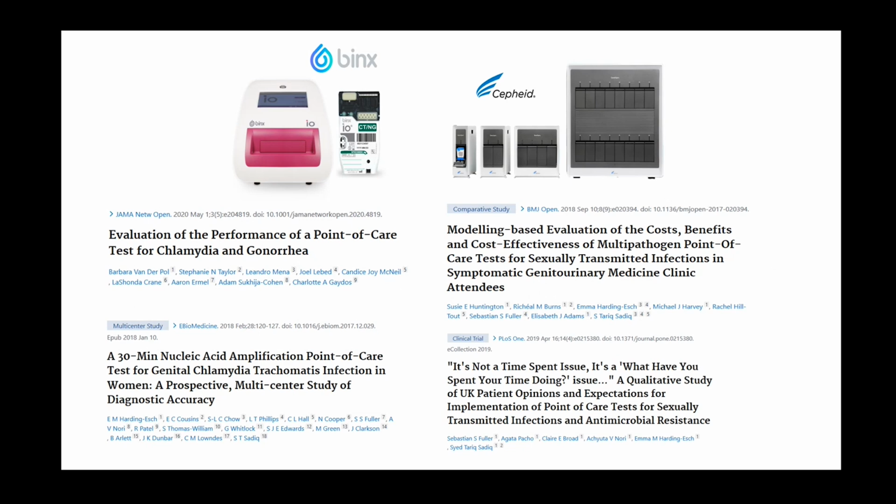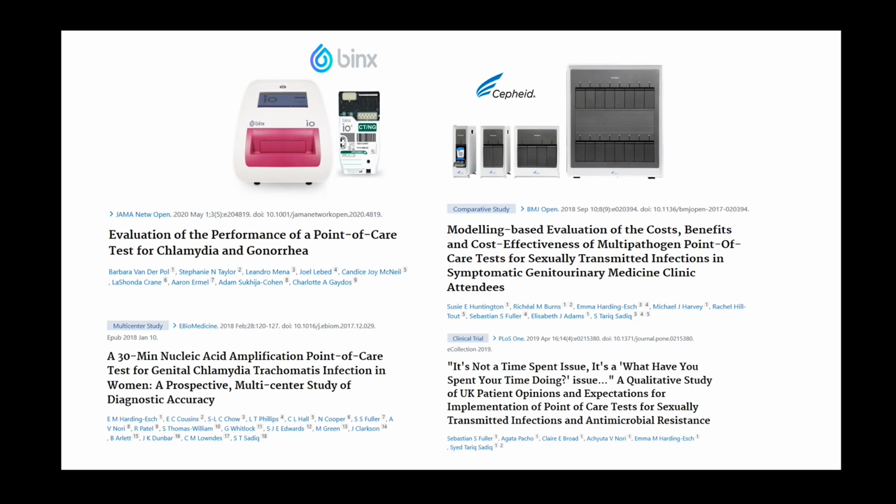So there are new tests that are point of care tests that can be delivered in much faster time. Two of these are shown here: the Binx combined chlamydia gonorrhea test and the Cepheid combined chlamydia gonorrhea test. And the Binx test has a sample to result turnaround time of about 30 minutes.